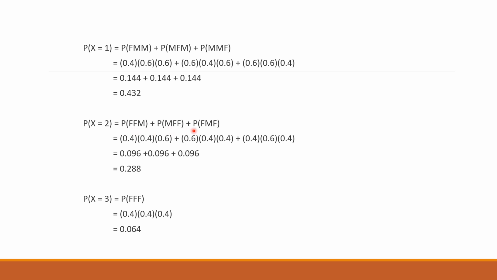There are 3 outcomes, and then multiply the probabilities, and the total should be 0.288. And last one, probability x equals 3 when you choose 3 females, so the probability is 0.064.